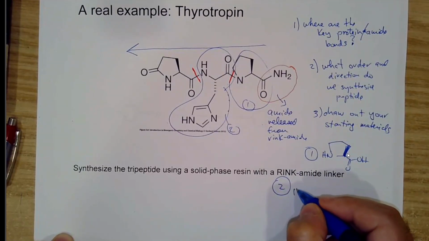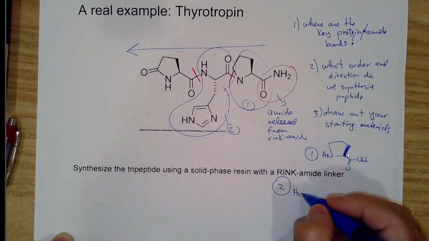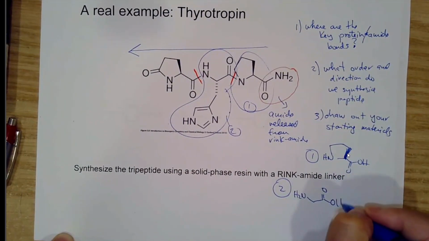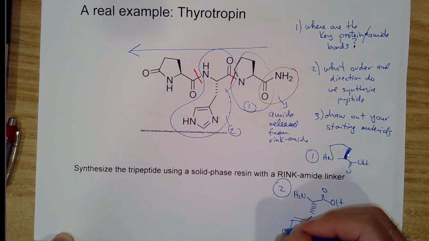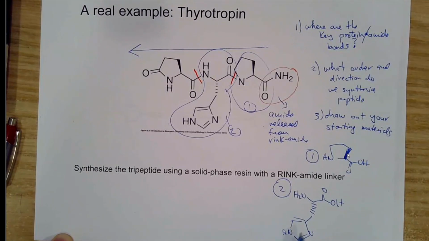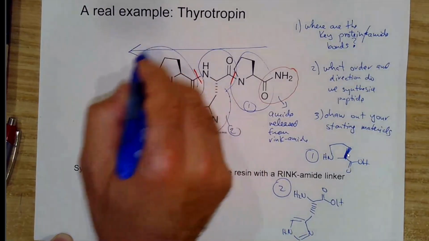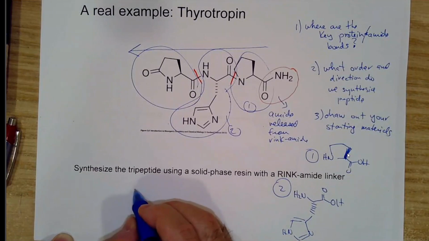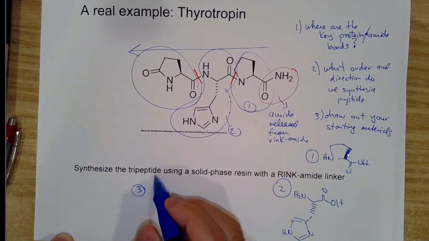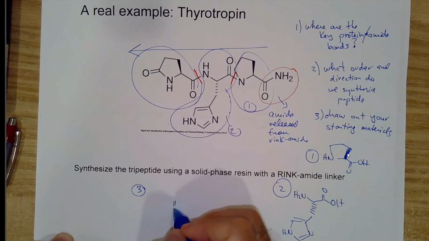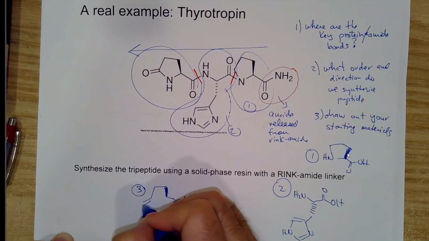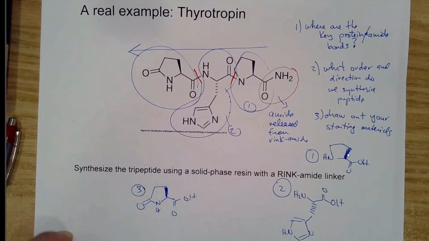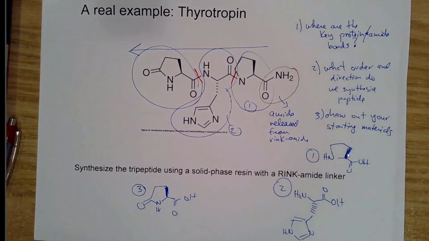So this one looks like that used to be an amine, carboxylic acid, and this is actually called histidine. Okay, so that's number 2. And then number 3 is this last guy, which is actually an unnatural amino acid. This one looks like here used to have a carboxylic acid. Like that, okay?